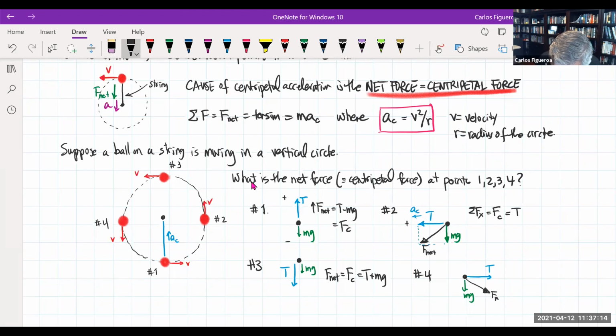Right? That's going to be the net force. But the question is, what is causing the centripetal acceleration? And again, the centripetal acceleration points towards the center. So we then say that the force in the x direction, which is the same as the centripetal force, is once again the tension.